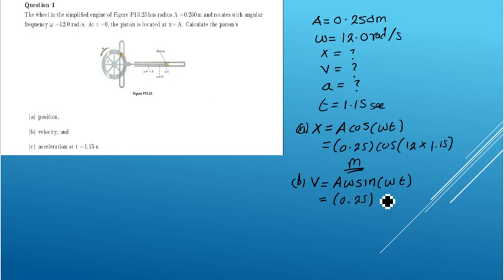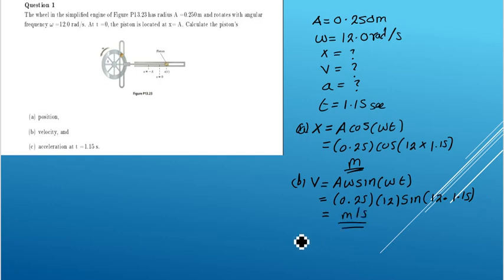Omega has been given to be 12 sine omega multiplied by 1.15. Whatever answer you find, it must be in meters per second.